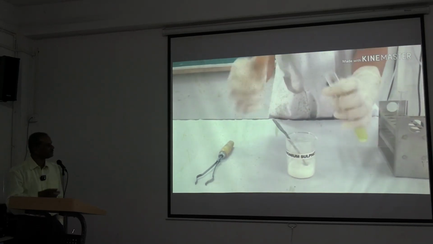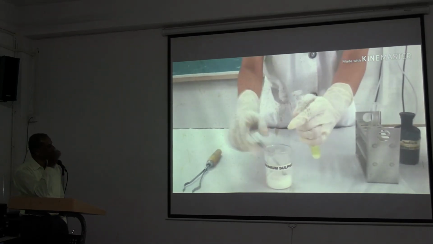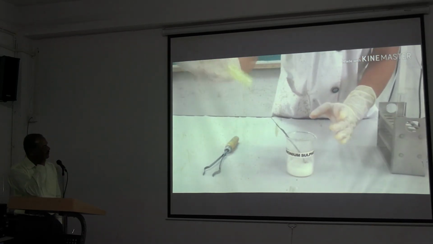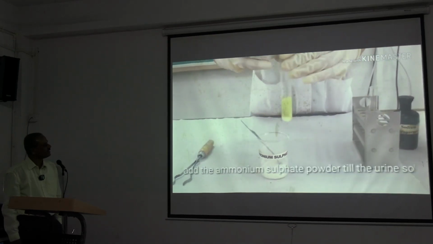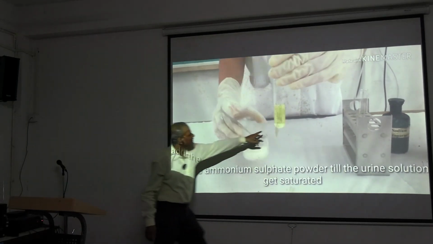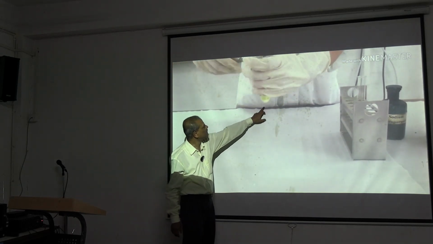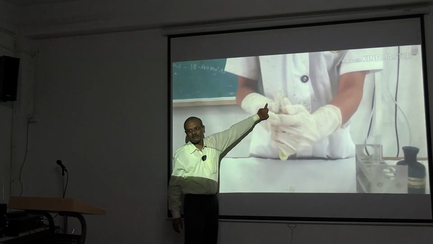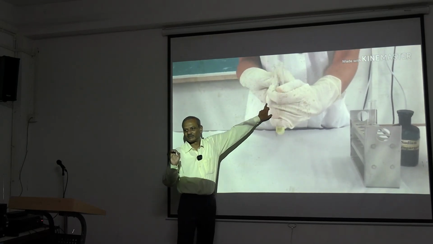You do not use gloves here because this is perhaps from a foreign country, so they are very particular. Now can you see this thing? Precipitate has formed, white precipitate. That is saturation.